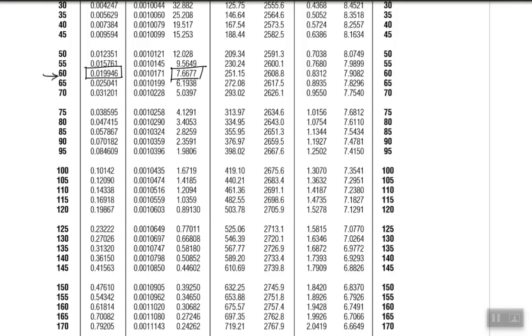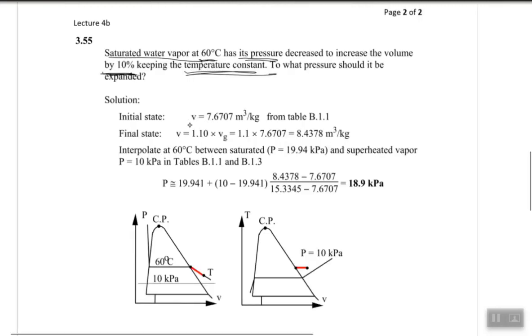If I'm reducing the pressure by increasing the volume, and that volume is increased by 10%, that means 10% of this volume would be added to it. So multiply by 1.1, which is 110%. The volume would become 8.4378. So at this volume, what would be the pressure?